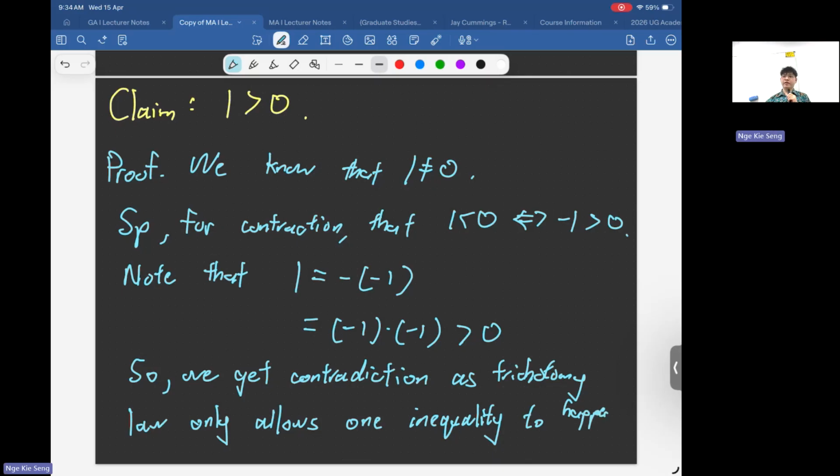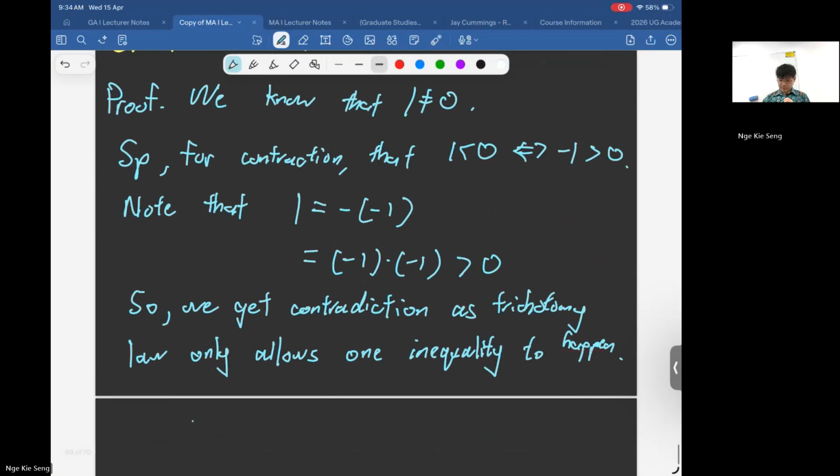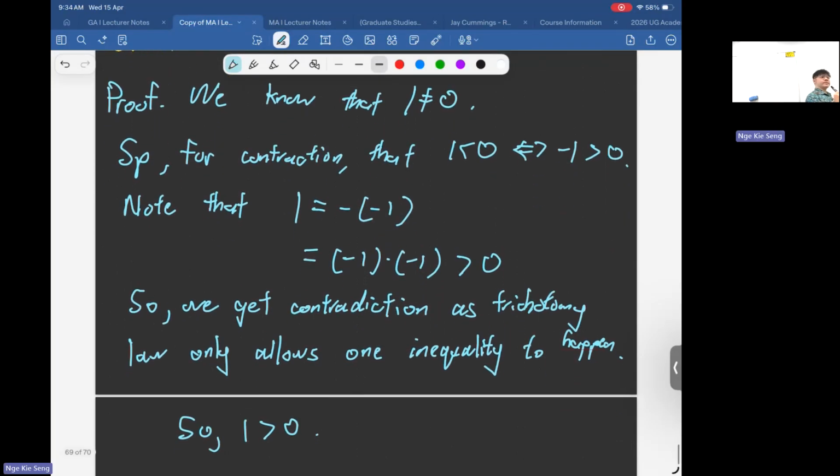You cannot be greater than 0 and less than 0 at the same time. So 1 is greater than 0. Does it make sense?